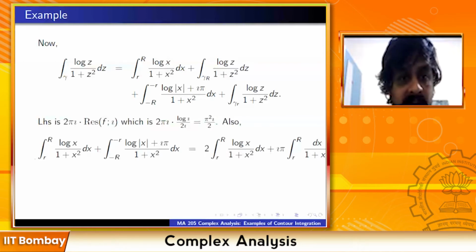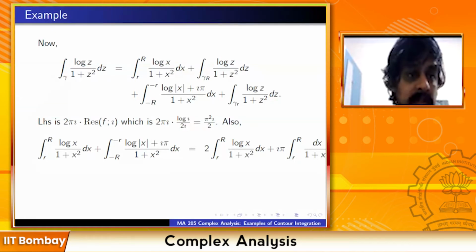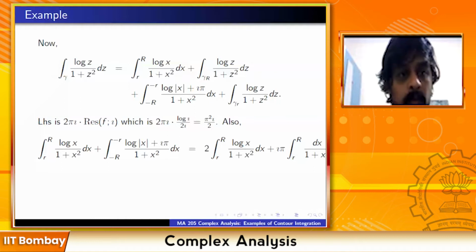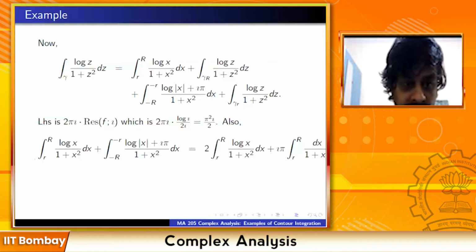Now the left hand side is equal to 2 pi i times the residue of f at i. There are two poles: z square plus 1 has two zeros, i and minus i. Minus i is not in the contour, while i is in the contour. So when you take the residue of the function at i and multiply by 2 pi i, you get 2 pi i times log of i upon 2i, where the 2i cancel, and you get pi times log i.